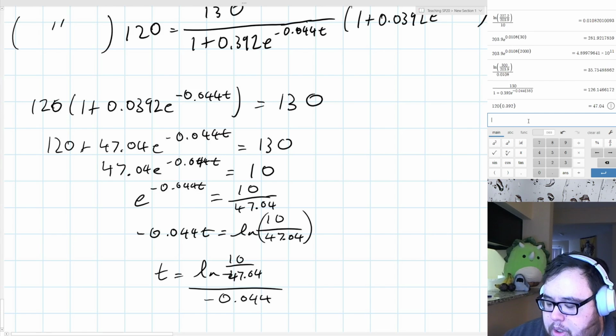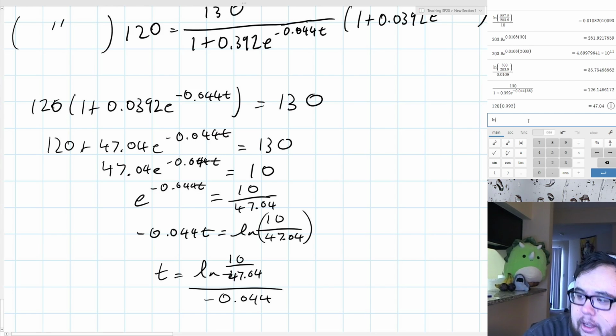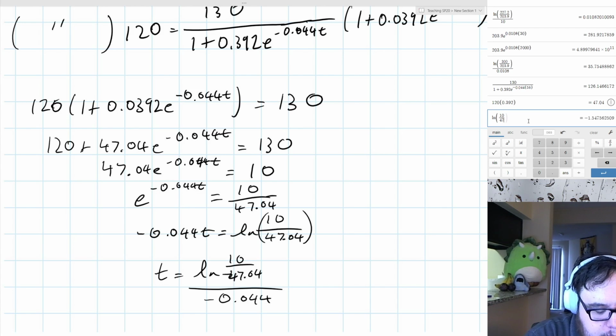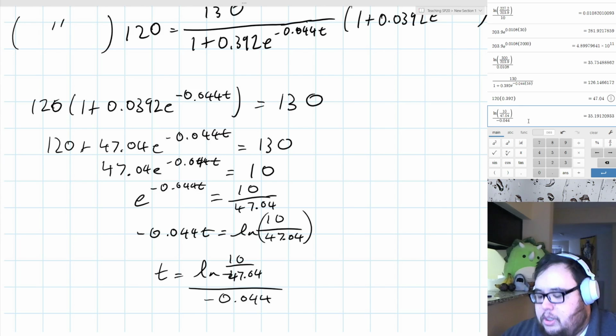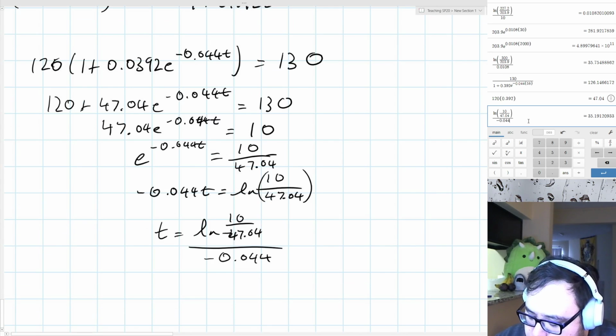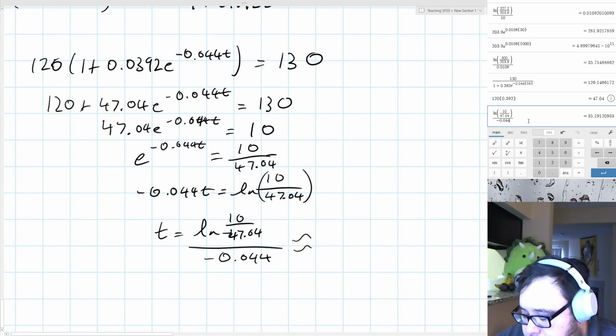So we can go ahead and plug that into our calculator. ln of 10 divided by 47.04, all divided by negative 0.044, tells us that t is approximately equal to 35.2.